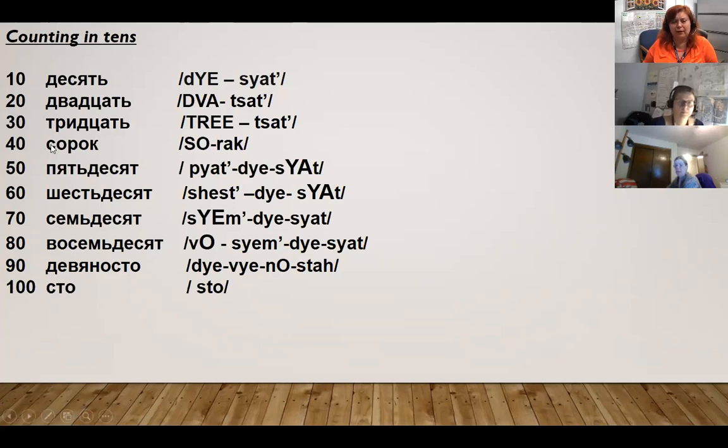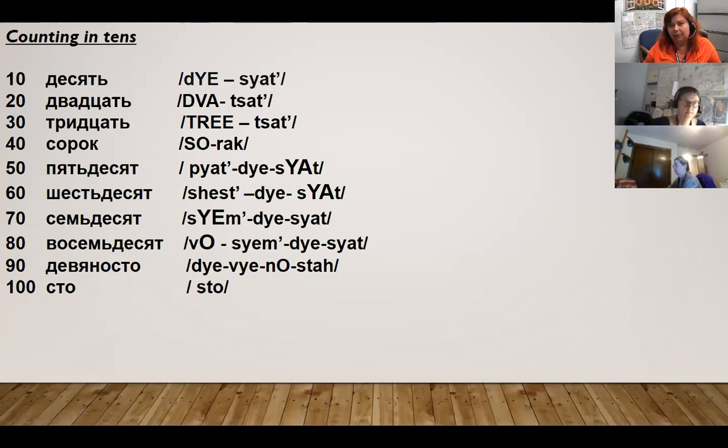So the word 40 is a little exception from the rule. For some reason, it's not made as other numbers. Do you know where it came from, Elena? Do you know the reason? There are several different versions about it. One of them being that it's borrowed from one of the Turkic languages. Another, it's like сорок сороков, means a lot.